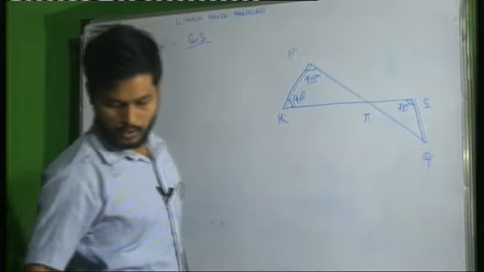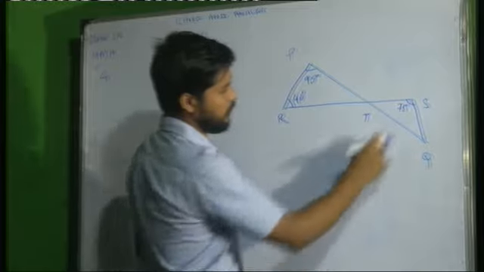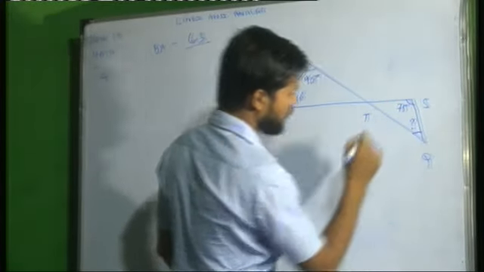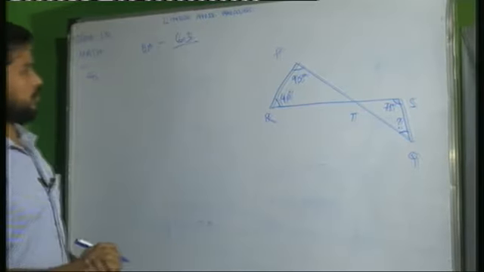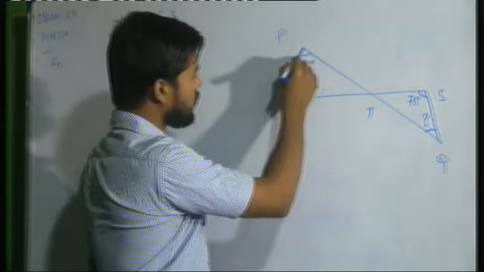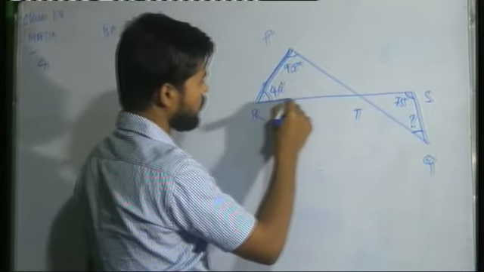What we have to find is the value of angle SQT, the value of this angle. So how to prove that? We will first consider this triangle PRT.